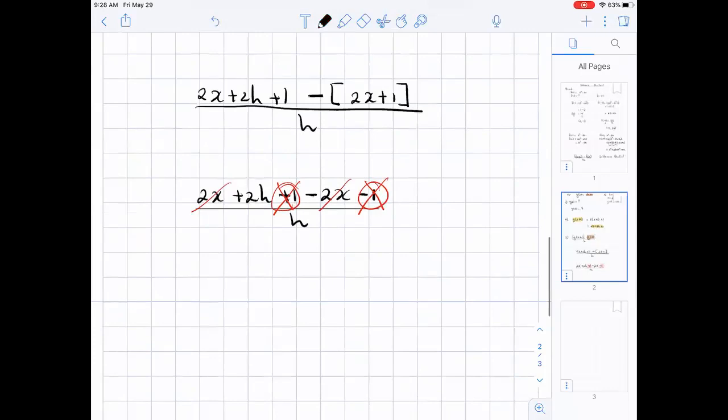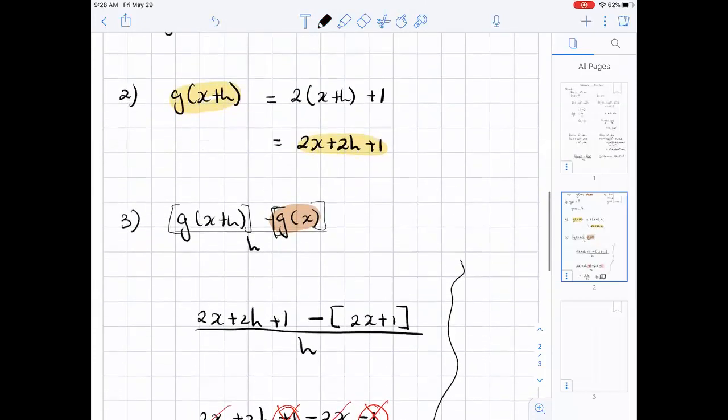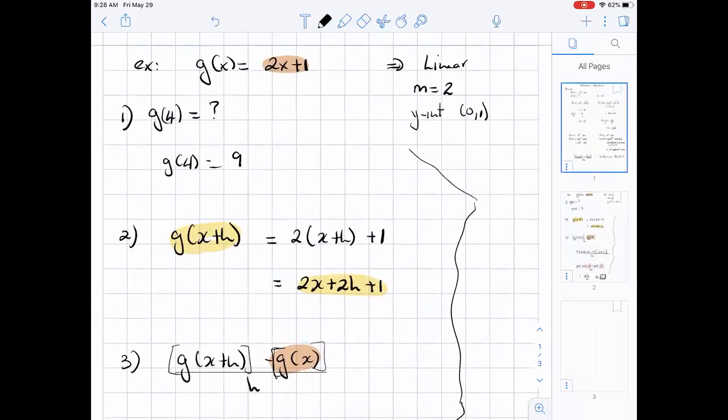You're left with 2h over h, which is equal to 2. Do you see any connection? Slope. Yes. Connection, slope.